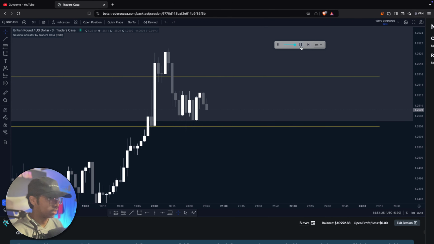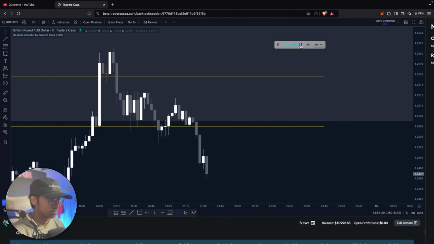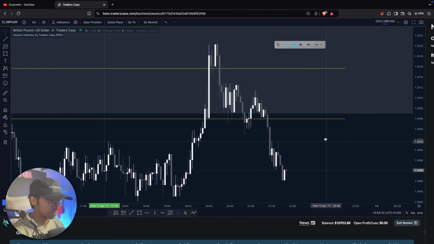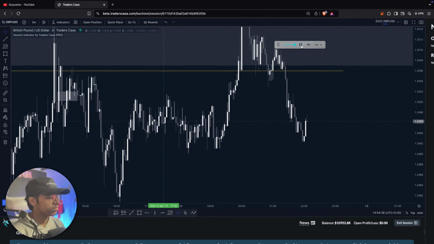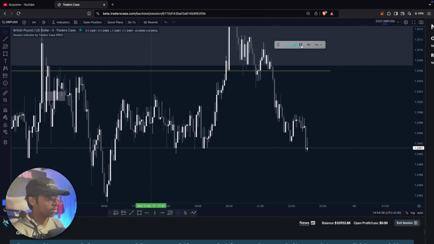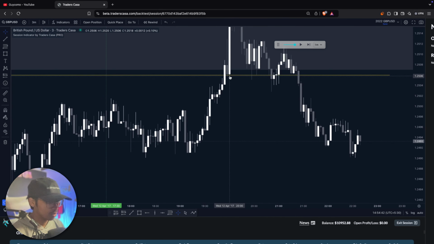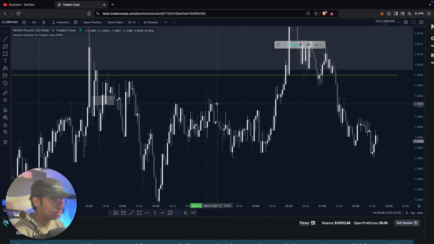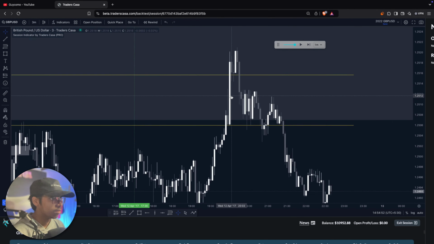No, I should not take a trade. So why didn't this thing work out? This is proper fair value gap inversion, right?